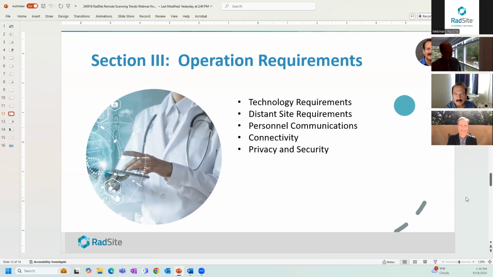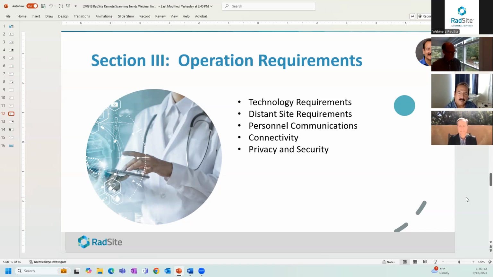And so the technology has requirements for a level of security, a level of redundancy, and goes into some specific details about which of the personnel are able to communicate with each other and with the patient as well.